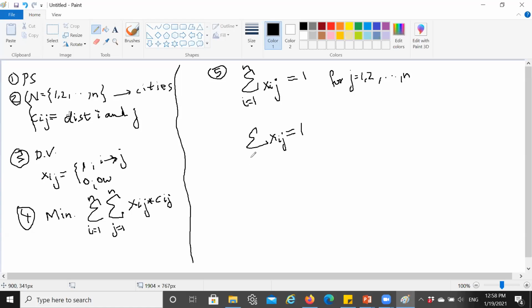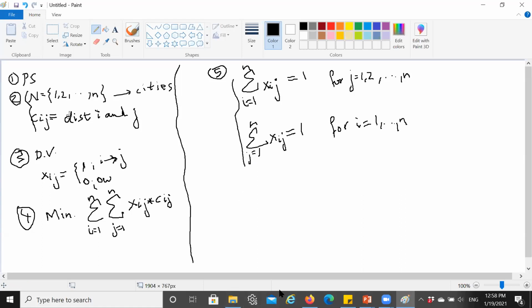So over here I would have just the opposite: the summation over j from 1 to n, for all i's equal to 1, 2, 3, till n. So I have two constraints.